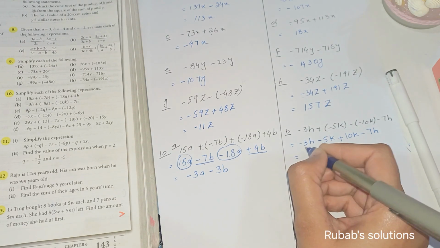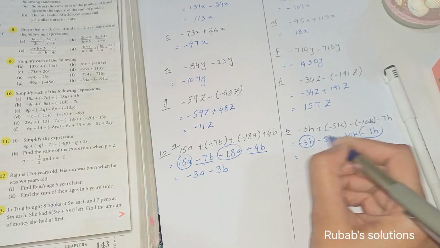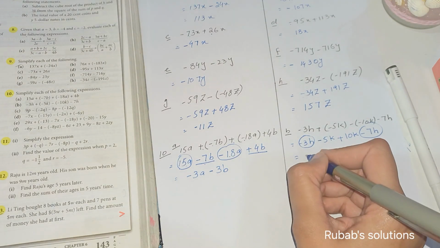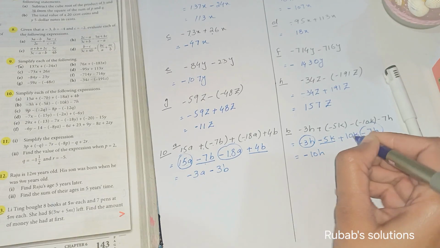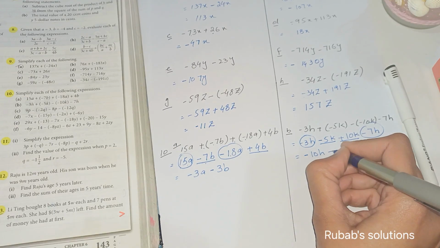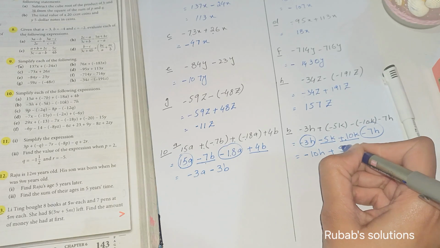Okay, minus 3h, and from here it is minus 7h. Both are having the same sign, that means negative sign, so we have to add, but sign will be negative. Minus 10h. Minus 5 plus 10, subtraction, but sign that is with the bigger number, so plus 5k.